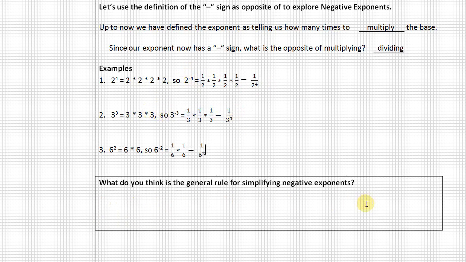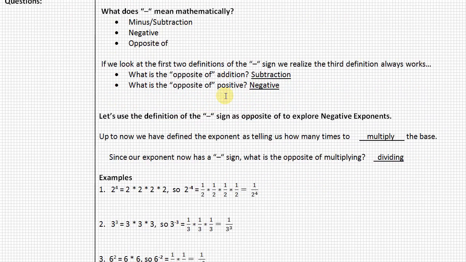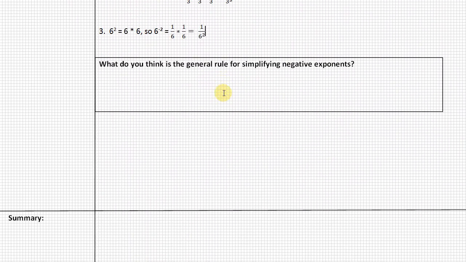Go ahead and jot down your thoughts so we can discuss them in class and add it to these rules for operations with exponents. Make sure that your header is fully complete, that you've copied all this down into your notes, and that you've left room for the summary so we can do more work with problems like this in class.